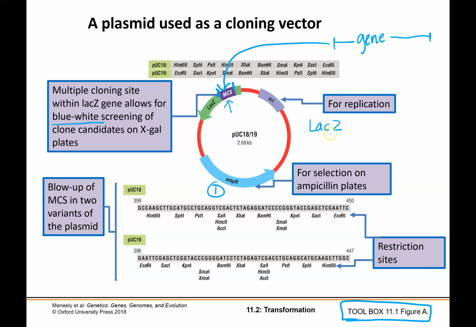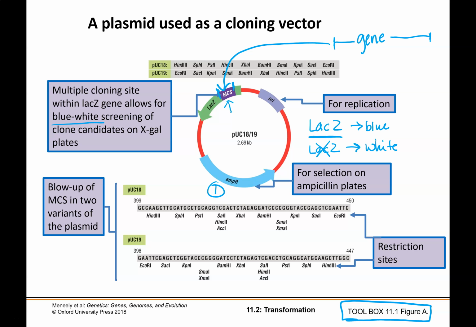And when this LAC-Z gene produces the protein that breaks down that X-gal, the bacteria are going to appear blue. When that LAC-Z gene is interrupted by our gene of interest, that plasmid does not encode a functional LAC-Z anymore, so it doesn't produce the blue color, and instead our colonies are white.